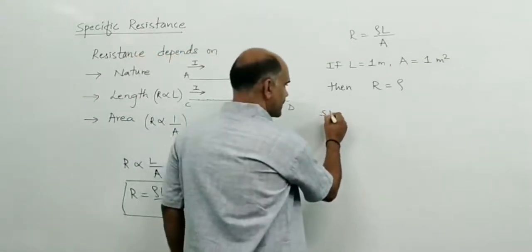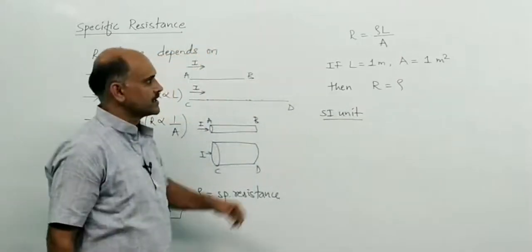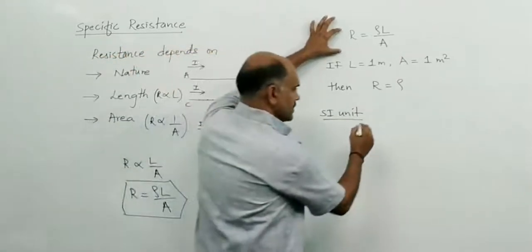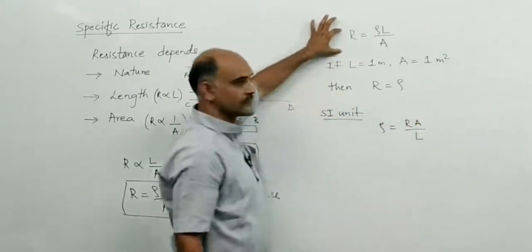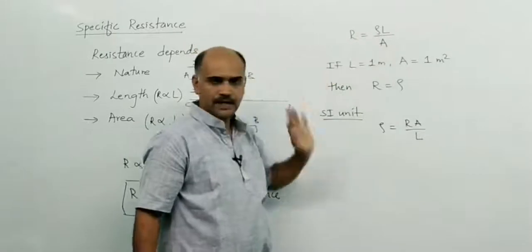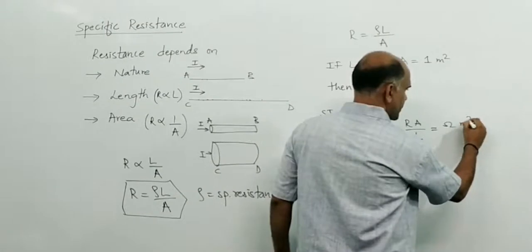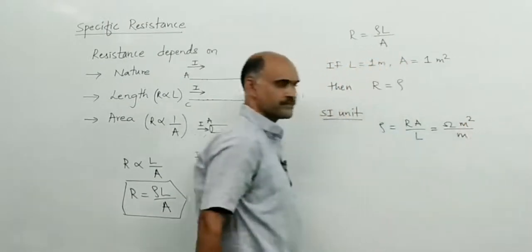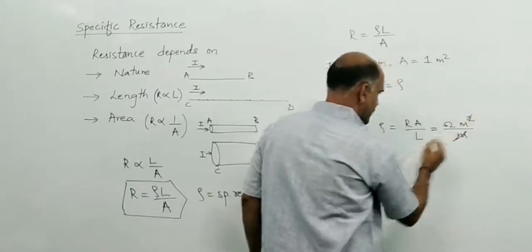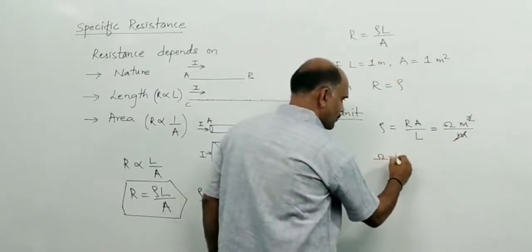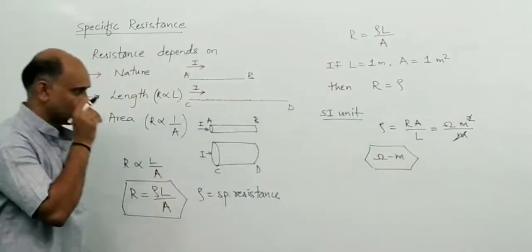Now the SI unit of specific resistance. From this formula, rho is equal to R into A by L. If I substitute units, this is ohm, meter square, meter. So 1 meter gets cancelled. So the SI unit of specific resistance is ohm meter.